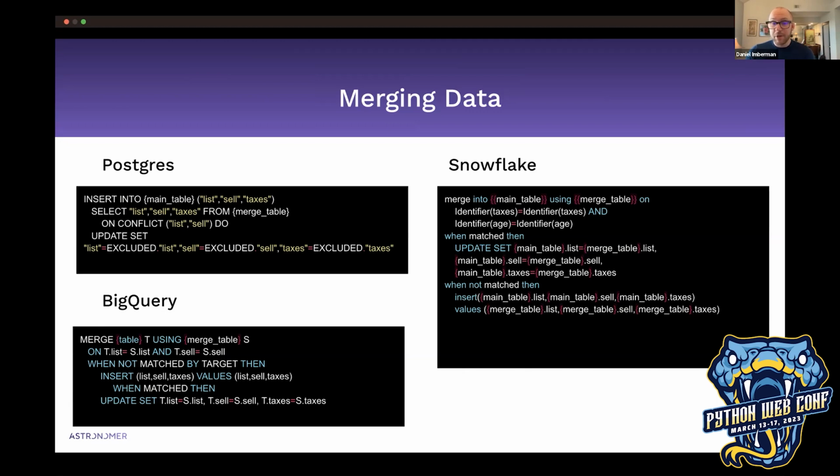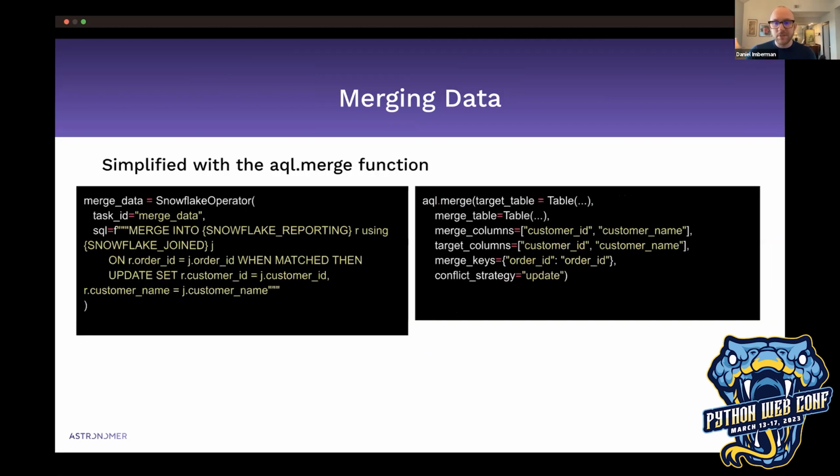Merges are a pretty big problem there because they all have their own way of doing it. So what we offer is an AQL.merge and AQL.append function that takes the merge table; you give us the columns, you give us the keys, and you give us the conflict strategy. Wherever possible, we'll make it as simple as we can to treat things as Python objects and as interoperable between different data systems.